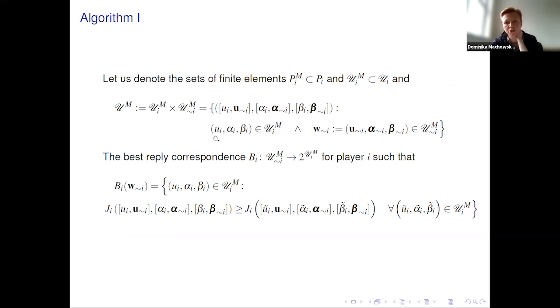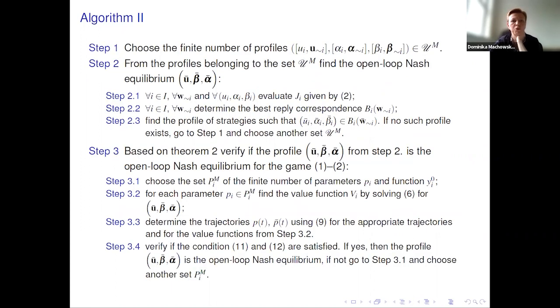This is the definition of this set, and of course we define the function of best reply. We define the best reply correspondence BI in the standard way, and if we have this set and this correspondence, we are able to formulate the algorithm. So how do we find the OpenLoop Nash Equilibrium for this type of game?